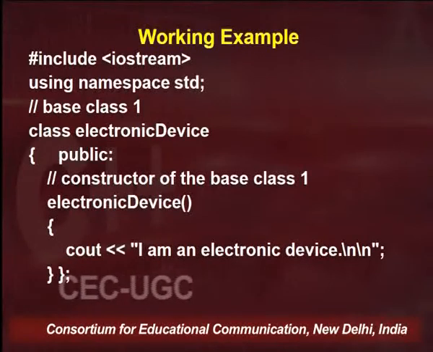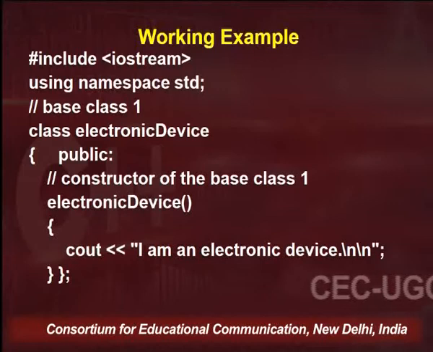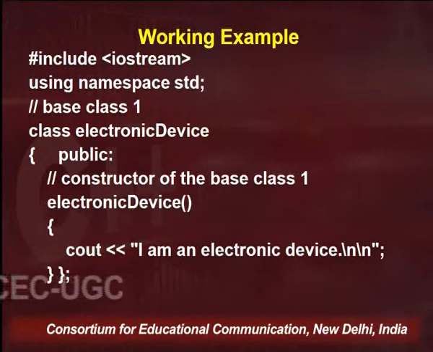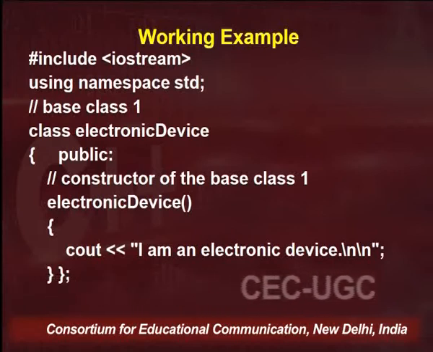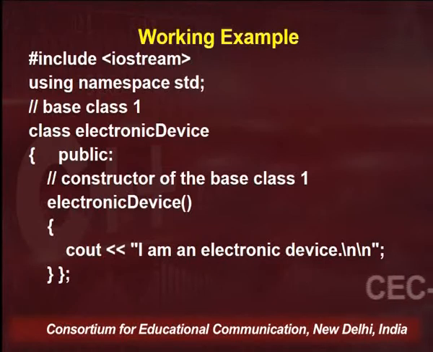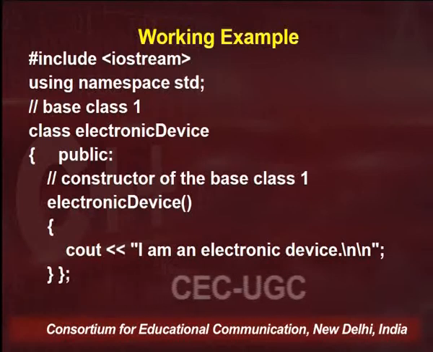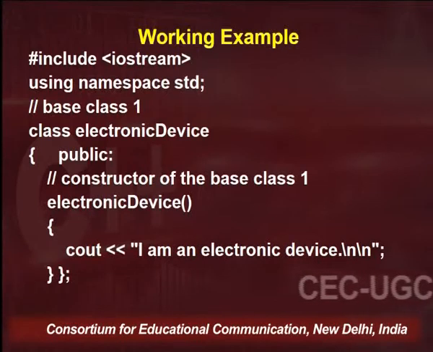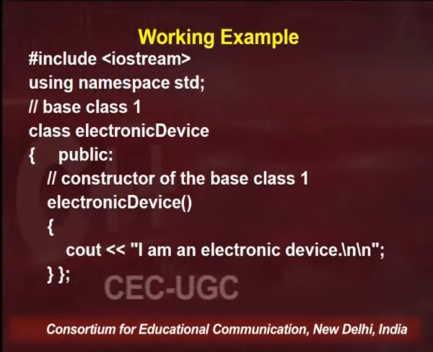In order to see the working example, we are going to see a particular program, and with the standard iostream and namespace std, let's define the first base class, which is class ElectronicDevice. This class ElectronicDevice has one constructor, and it is very clear that this constructor is going to sit in the public section.